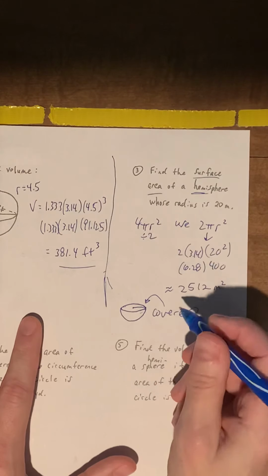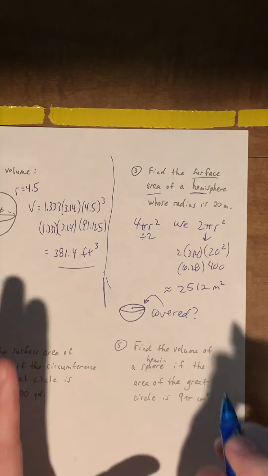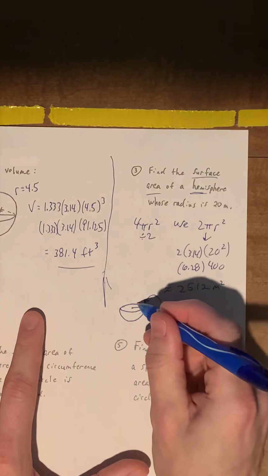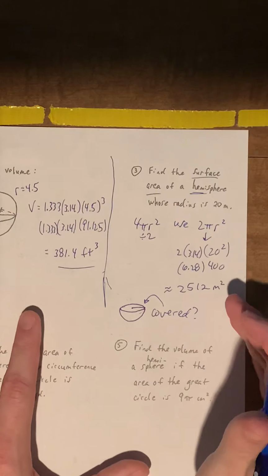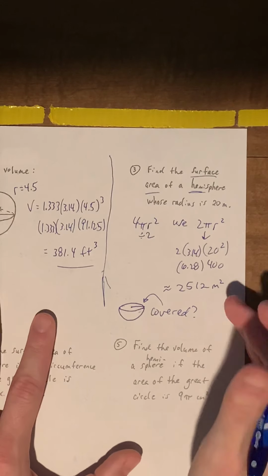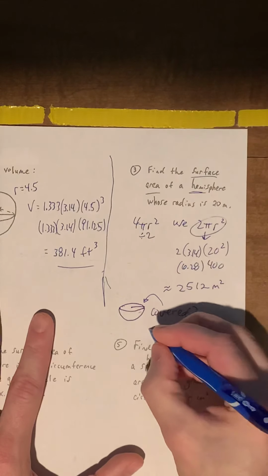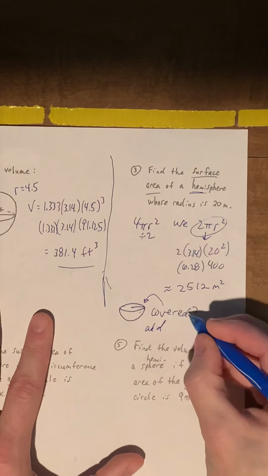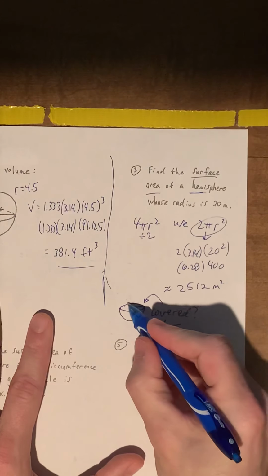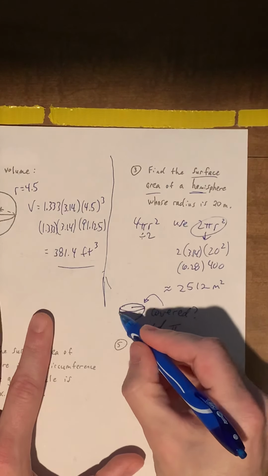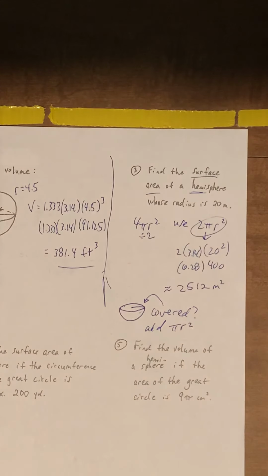So basically, pay attention to hemisphere problems. If they tell you that it has a covering, that means you have additional surface area. So you have to add something back to the 2 pi r squared. If you have a covering, you have to add the shape of that covering, which is a circle. So you have to add back a pi r squared, okay?